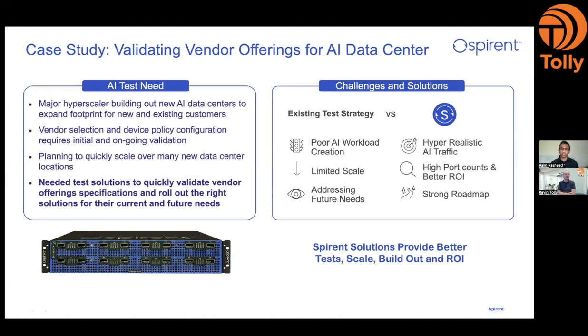That's where we came in, offering hyper realistic AI traffic, high port count, a better ROI and a feature roadmap that grows as the industry evolves to meet the AI needs of the future.